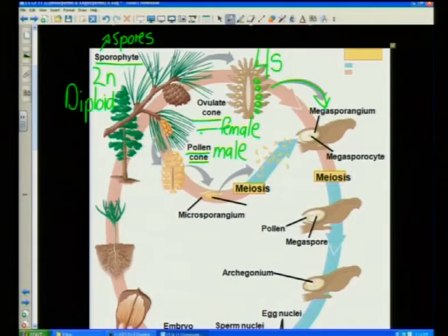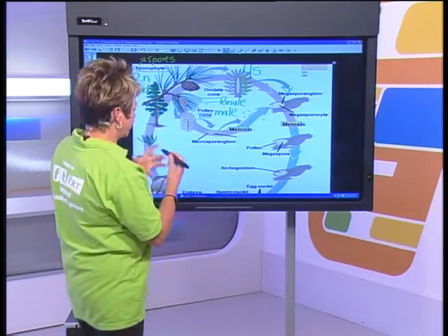megasporangia. Now, I'm doing a very brief summary. You don't need to know all the detail about what happens inside these little megasporangia, exactly how the egg cells are formed and produced. That detail you're going to do mainly in grade 12 next year. So we're doing very briefly the alternation of generations in the pine tree.